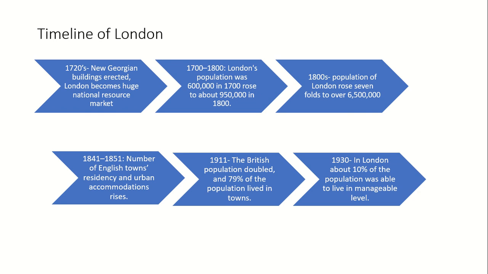In response, codes were made governing sustainable construction. A particularly important one is the Building Act of 1774, which governed the minimum wall thickness and other standards for all subsequent housing. In the 1800s, the population of London rose sevenfold to over 6,500,000. 1841 to 1851, the number of English towns' residency and urban accommodations rises.